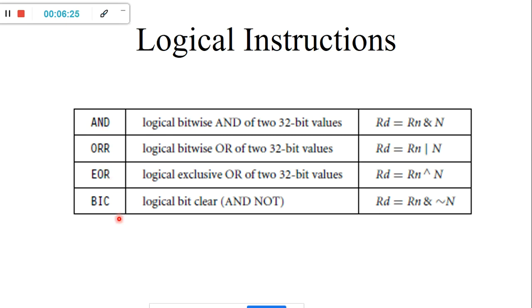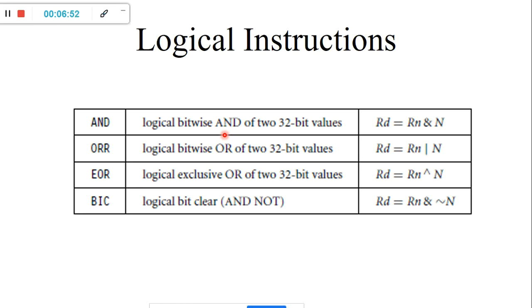These are the different instructions that come under the logical instructions, but once again these come under your data processing instructions itself. And yes, obviously it's a logical bitwise AND operation. So make sure you distinguish the logical bitwise operation and the normal logical AND operation.